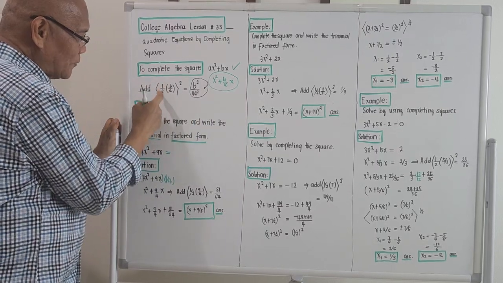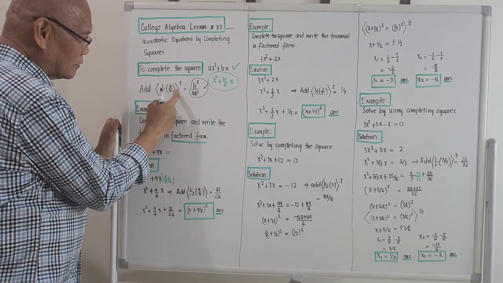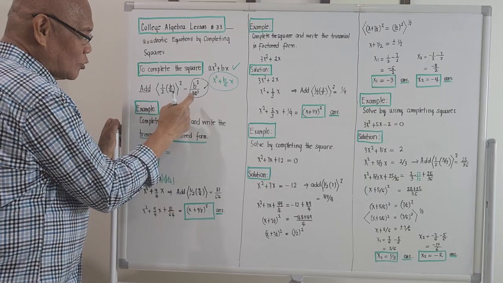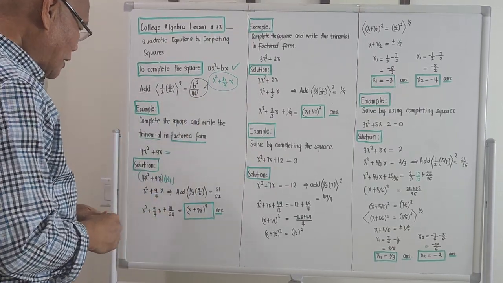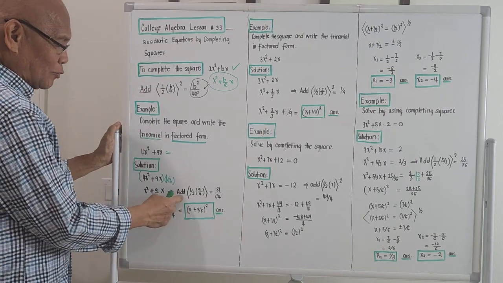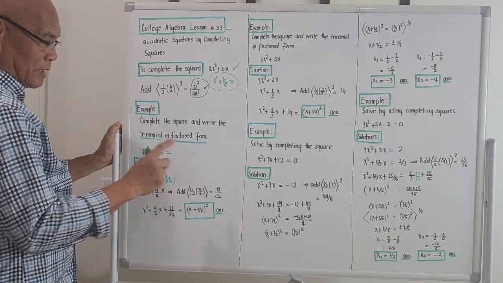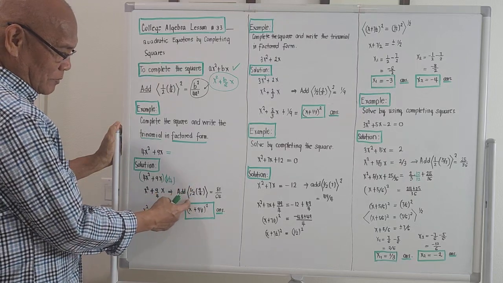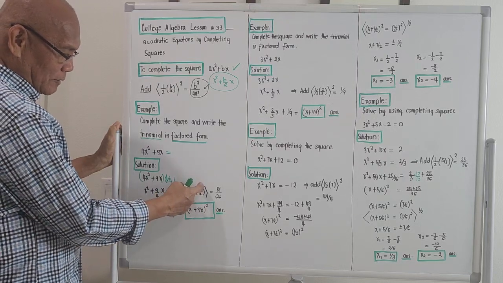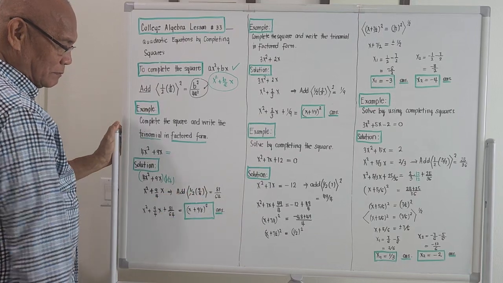Take first 1/2 of the ratio b over a, then square that one. Then you will add this one to this. So for the given problem, we will add 1/2. The ratio b over a is 9 over 4, right? So this is 1/2 times the quantity 9/4.